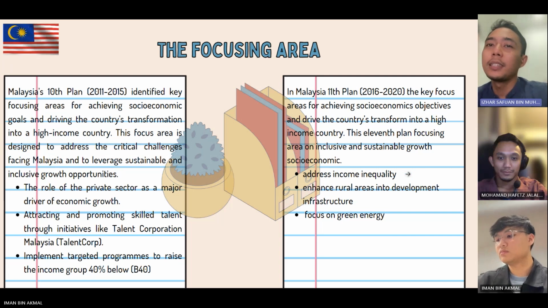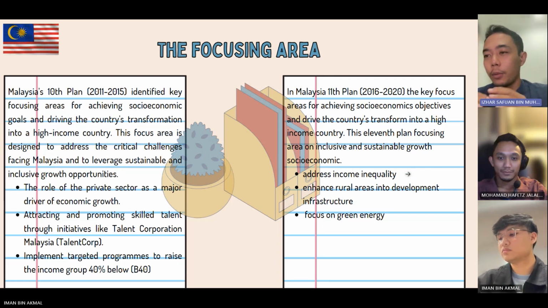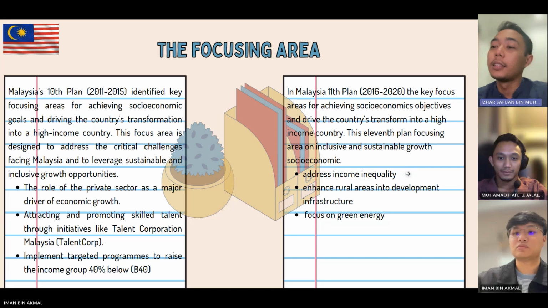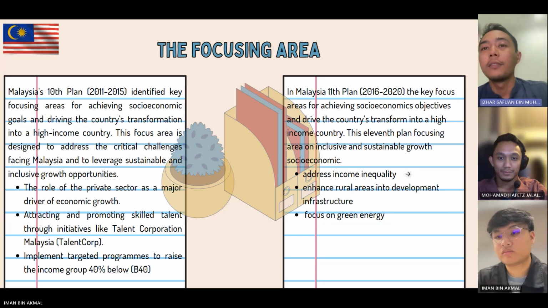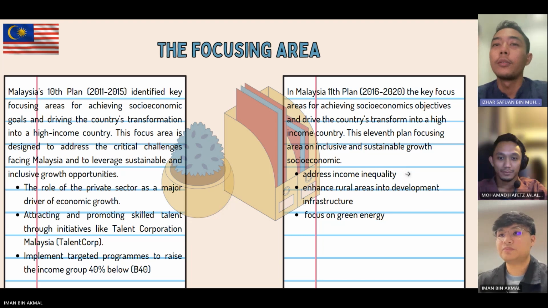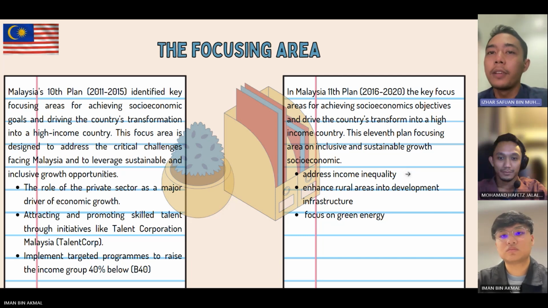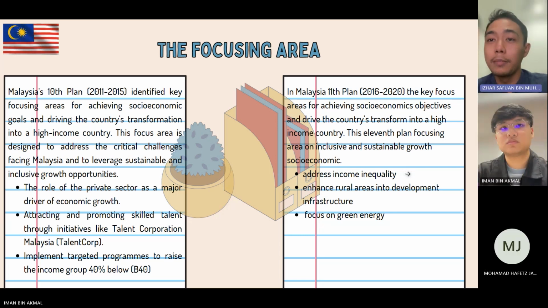The 10th Malaysia Plan from 2011 until 2015 has identified key focus areas for achieving socio-economic goals and driving the country's transformation into a high-income country. These focus areas are designed to address the critical challenges facing Malaysia and leverage sustainable and inclusive growth opportunities.